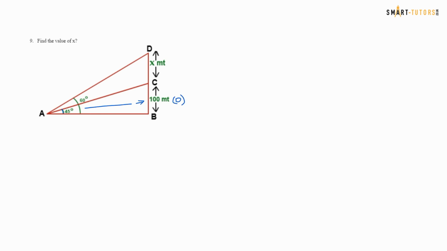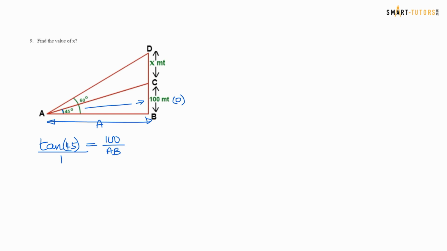And I don't know this AB, so this length is going to be the adjacent. In the small triangle, O and A is tan 45 degrees, tan 45, opposite is 100 over AB, tan 45 over 1.